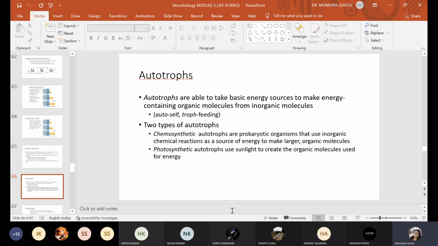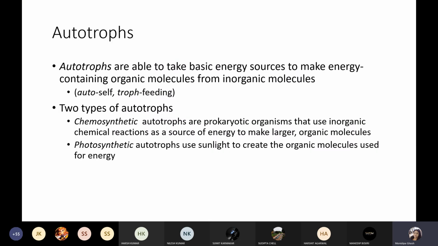Now in case of the production of their own food, we have already discussed the autotrophs. Autotrophs can fix environmental energy from the environment. Mainly they take light, photons, as well as chemicals.